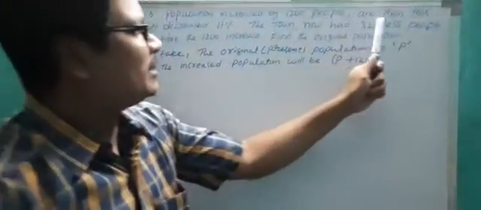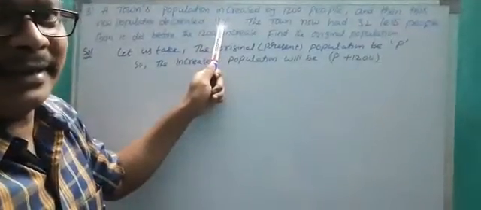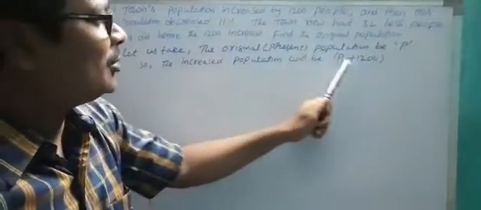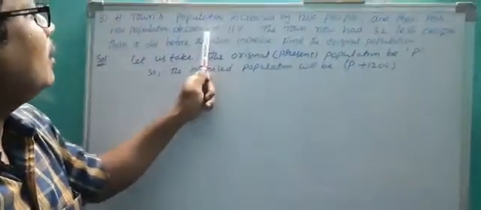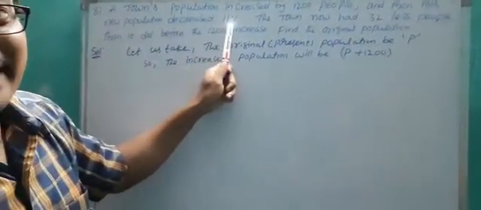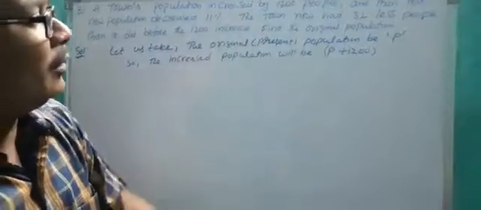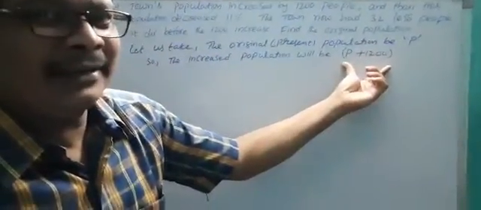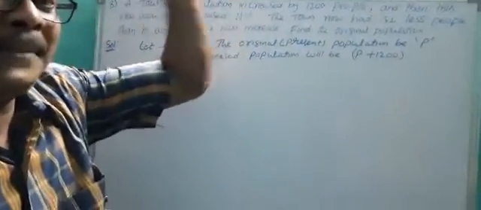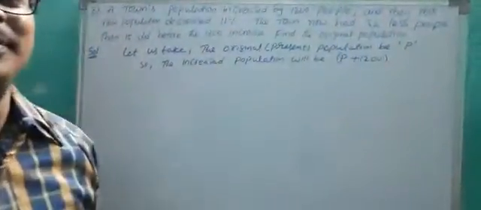Next, this new population decreased by 11 percent. That means after increasing, the new population decreased by 11 percent. So you decrease 11 percent from this new population, and the result is the original population P less how many people? 32 people.